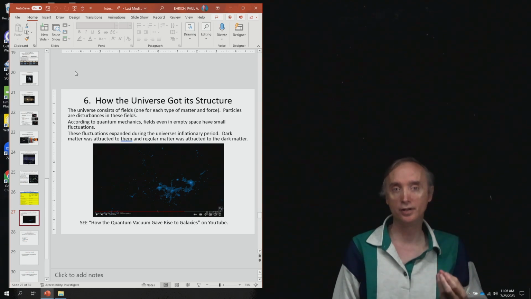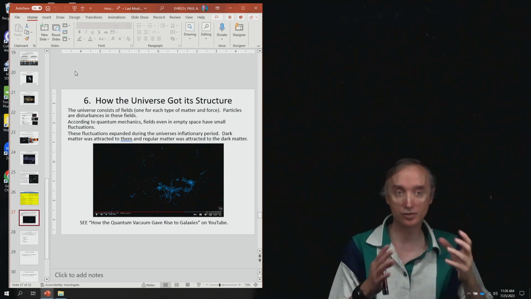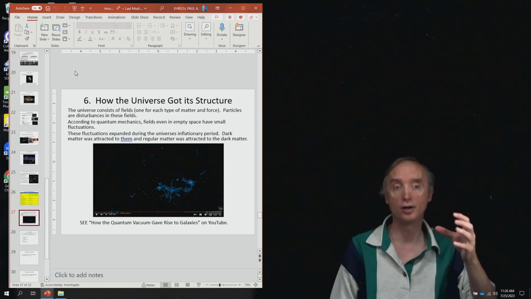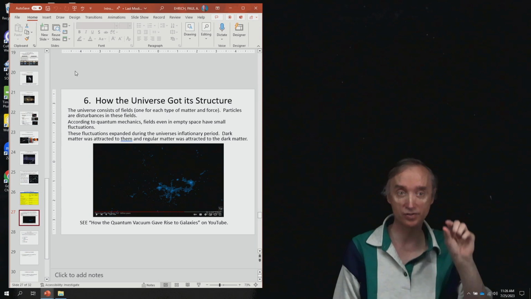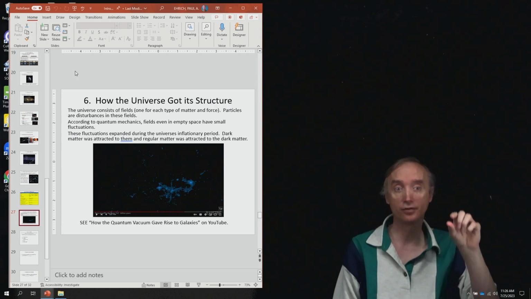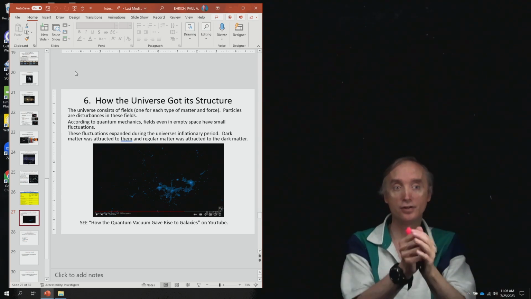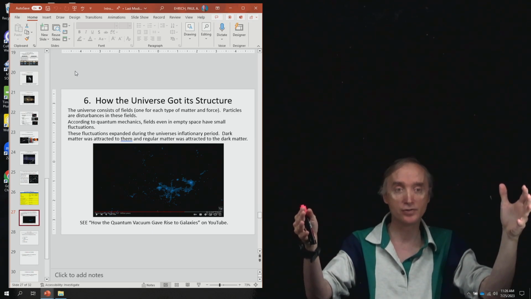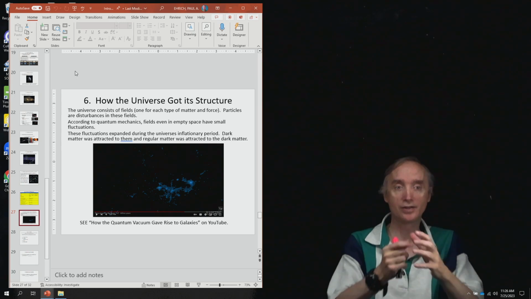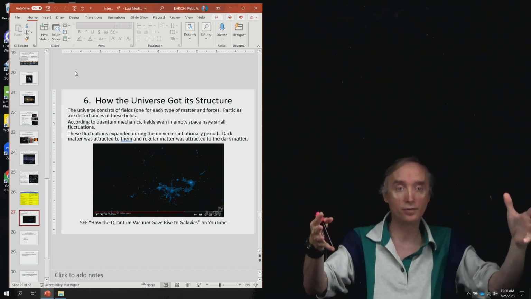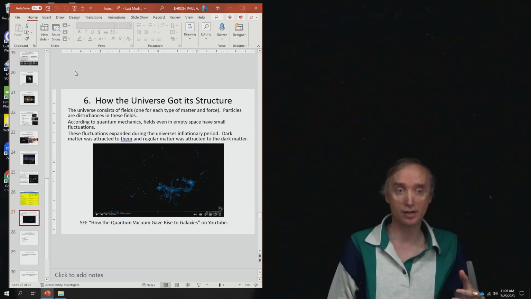So the early universe had these fluctuations, areas where it was more dense than other areas for just a split second. But for that split second, the universe expanded. And so those density fluctuations expanded along with the expansion of space and time.